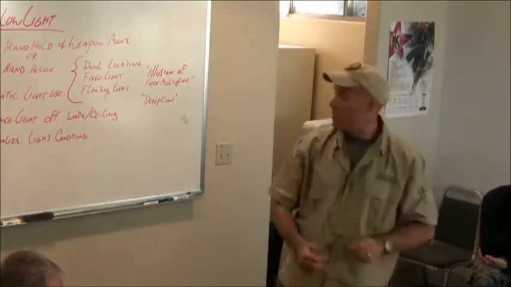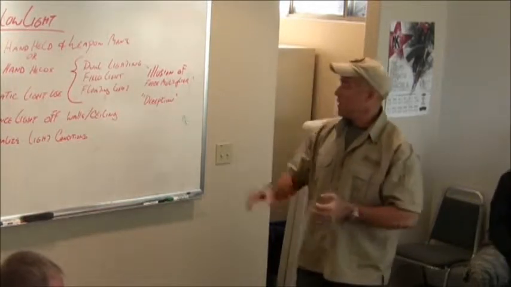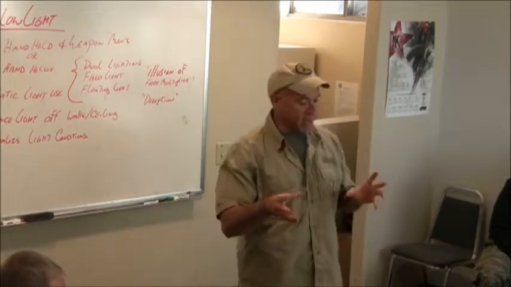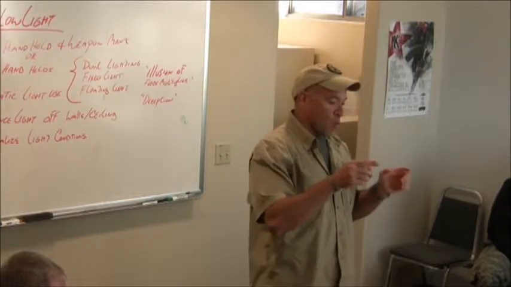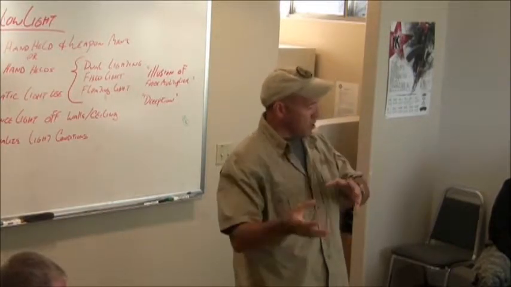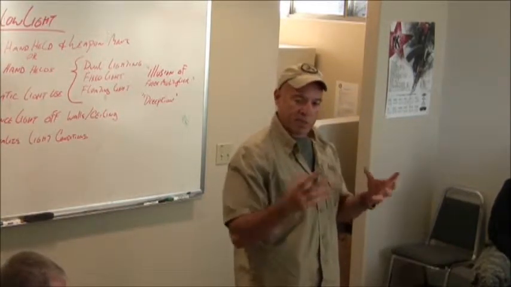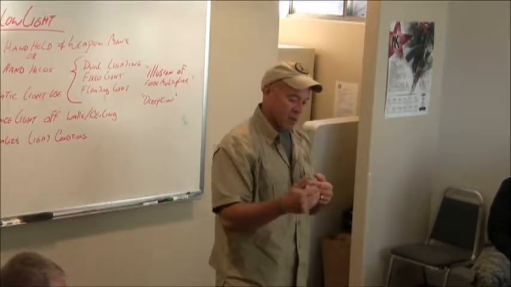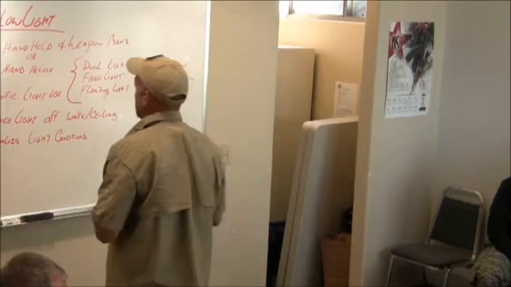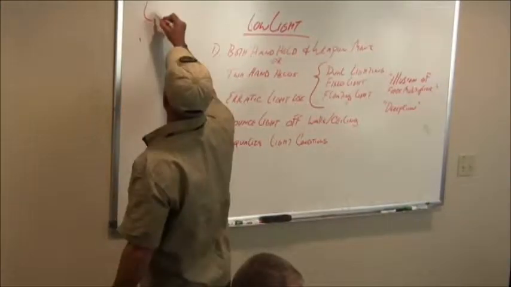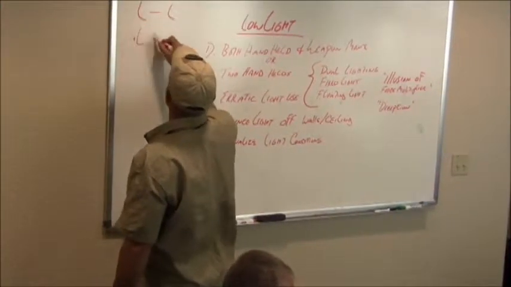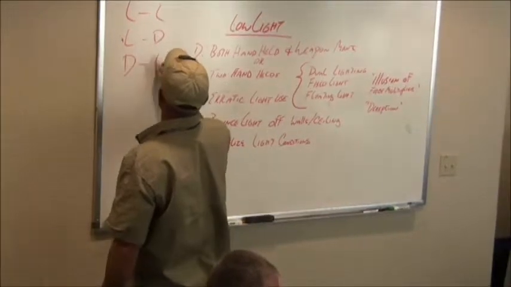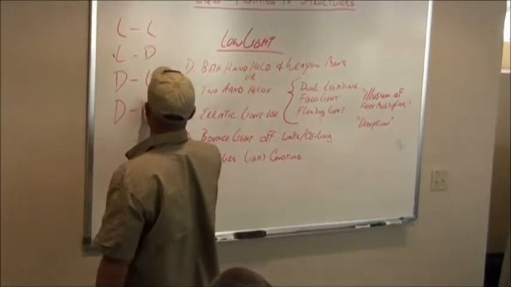The other thing we saw yesterday is that when moving through changing light conditions, it becomes a little bit of a problem. You can use the light to equalize light conditions. The possibilities are light to light, light to dark, dark to light, dark to dark.